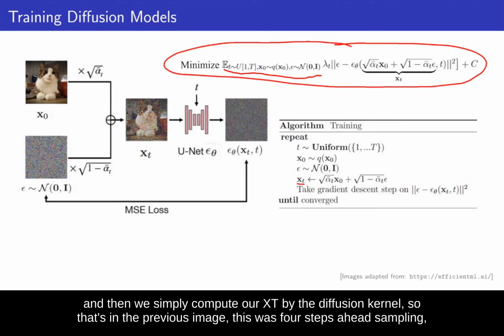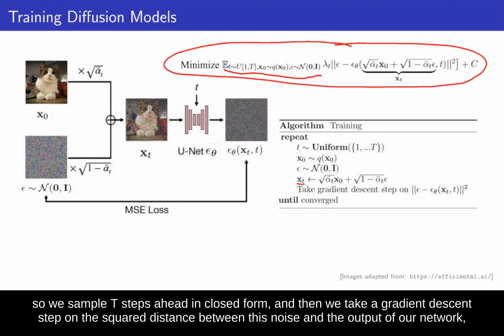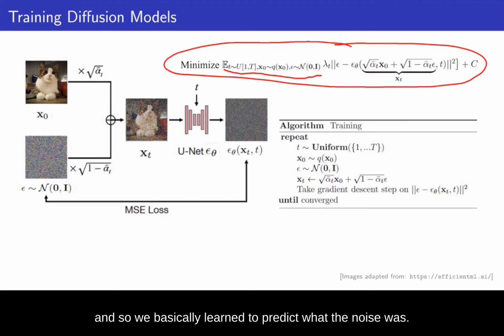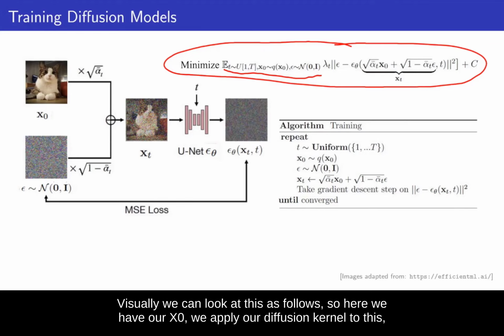In the previous image, this was the t steps ahead sampling. So we sample t steps ahead in closed form, and then we take a gradient descent step on the squared distance between this noise and the output of our network. And so we basically learn to predict what the noise was.